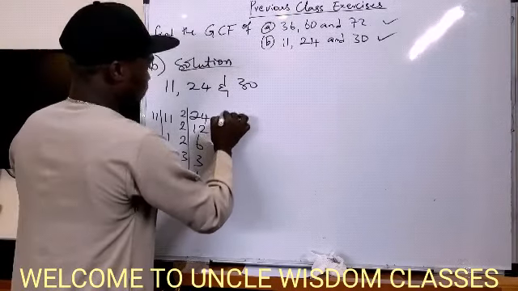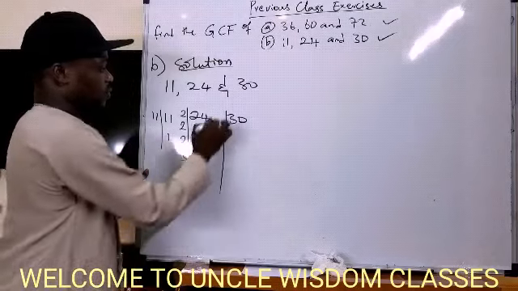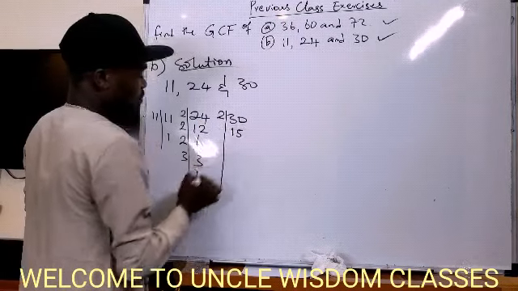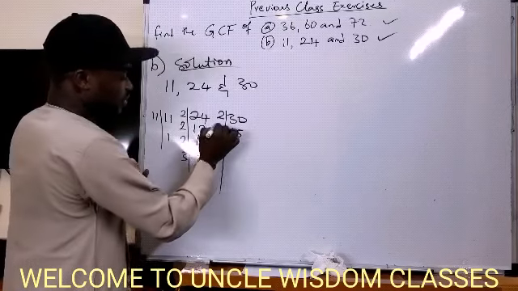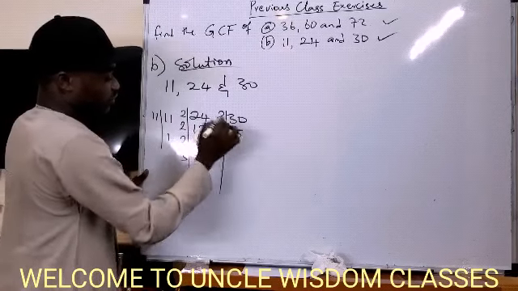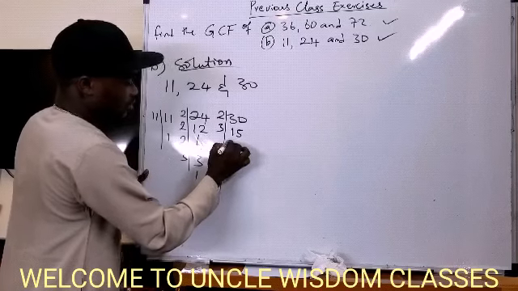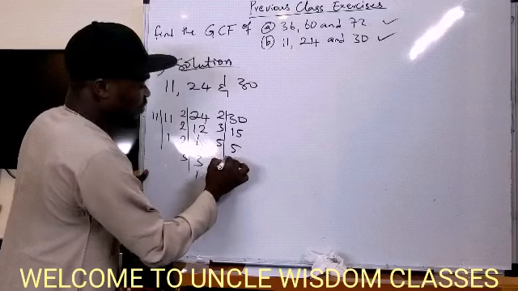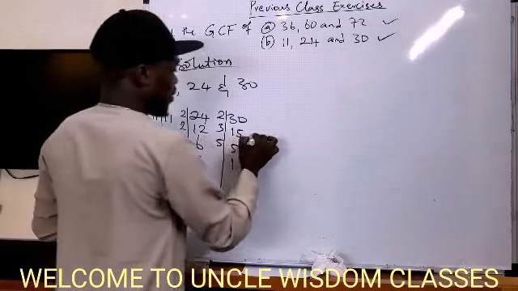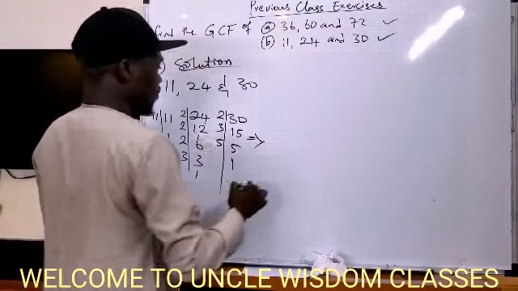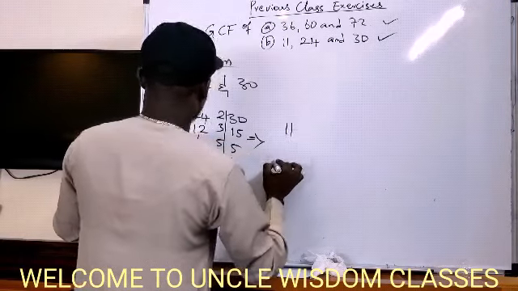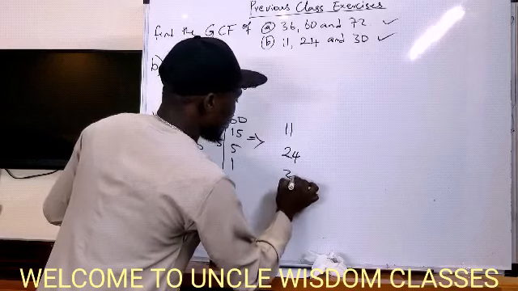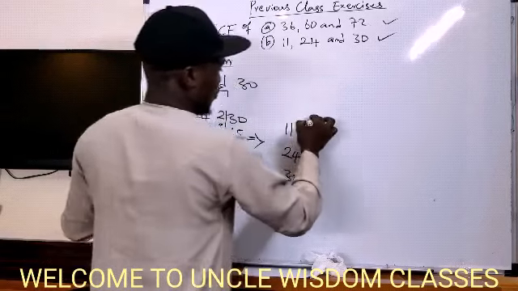We take 30. 30 divided by 2 will give us 15. 2 cannot divide 15, but 3 can. 15 divided by 3 will give us 5. Then 5 divided by 5 will give us 1. This implies that 11, 24, and 30 will create boxes.